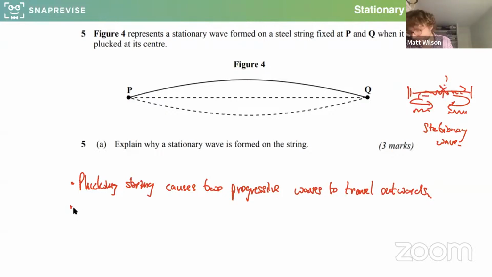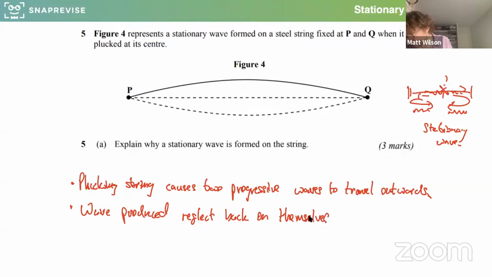The waves that are produced reflect back on themselves at P and Q. P and Q are these boundaries.